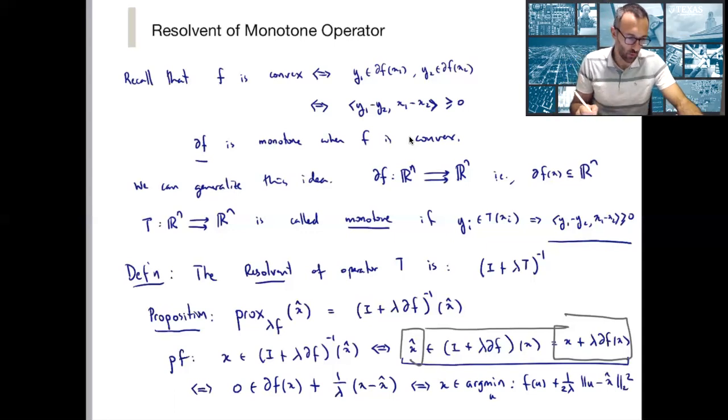I'll just squeeze in one more line. Well, this is basically what we're trying to prove. So this tells us that this resolvent operator is exactly prox.